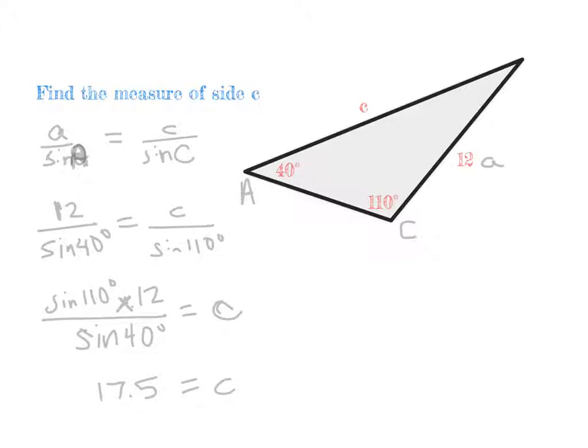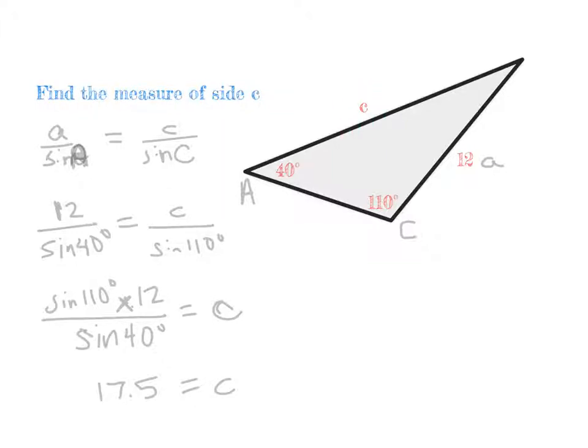Trust the fact that the larger you make angle C, the larger side C is going to be. Imagine this angle here, it's 110. Imagine if I stretched it out even further. What if I made it 130 or 140 or 150? You can imagine this side and this side spreading further and further apart, and what that would do is make this side C even longer.